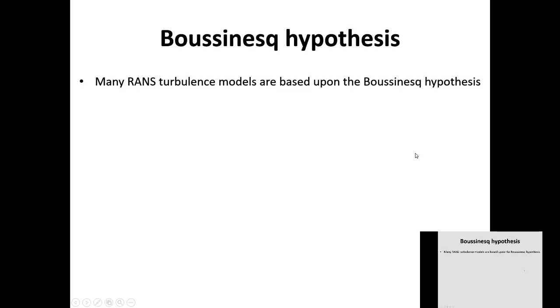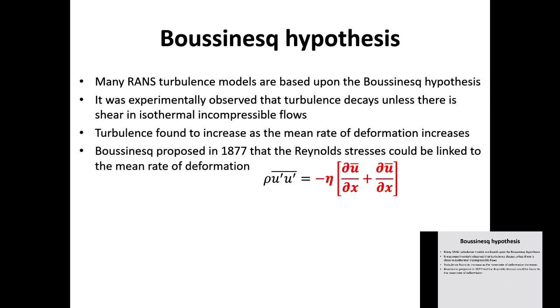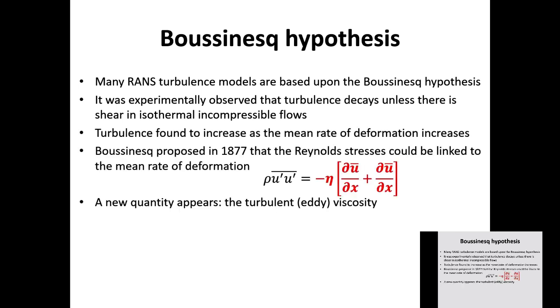So we were talking about Reynolds-averaged Navier-Stokes equations the other day, and all Prandtl's models assume a Boussinesq hypothesis.